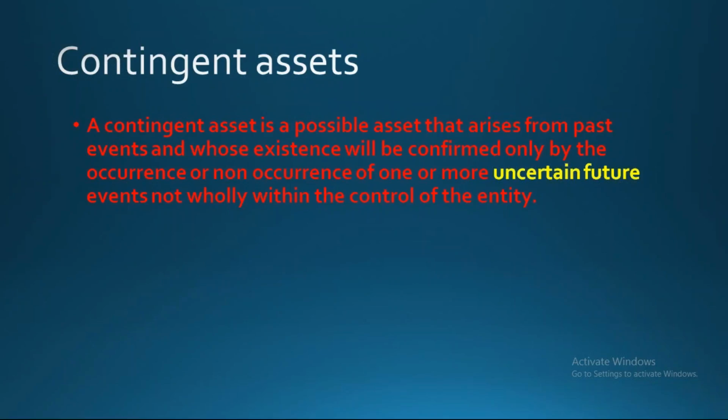We do not know because these insurance fellows promise everything, but when you put the claim, they will show all the small letters and say why it cannot be paid. So that's a kind of contingent asset. Uncertain future event, surely not within the control of the entity. Maybe a case that we have filed against another party.